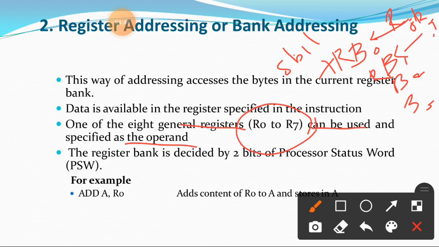If we want to select the register bank, it is decided by 2 bits of the program status word, PSW. There are register select bits in the PSW. Using those 2 bits, we select which register bank contains the register. The default register bank is register bank 0.